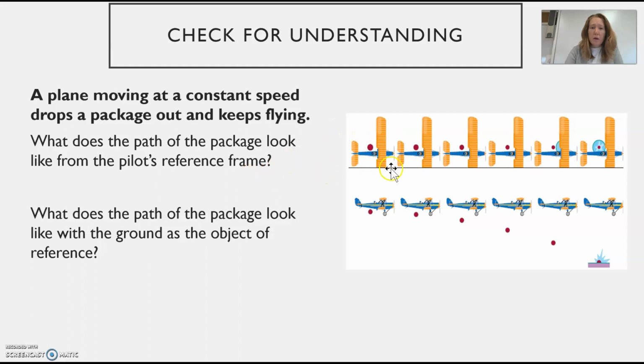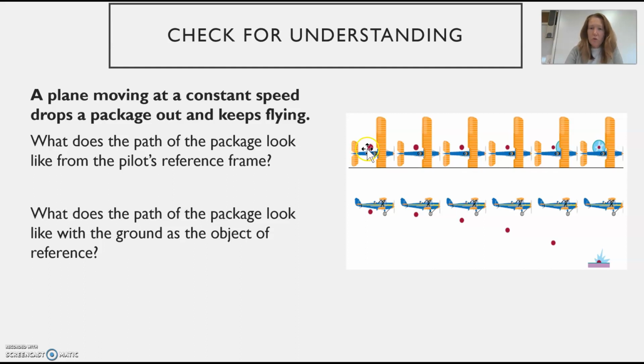When a package is dropped out of this airplane, we see in the top picture what it would look like from the pilot's reference frame. Because the pilot is dropping the package, and the package had a velocity that went with the plane, the package is a projectile, but from the pilot's perspective, it seems to drop straight down from the plane, like an object in free fall.